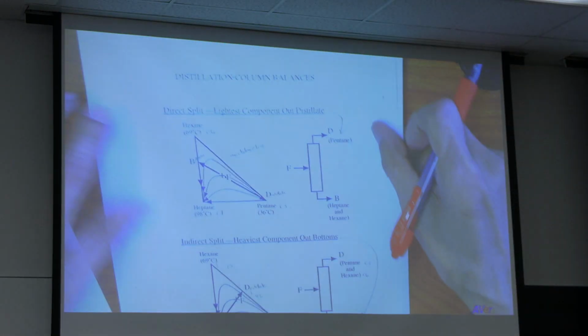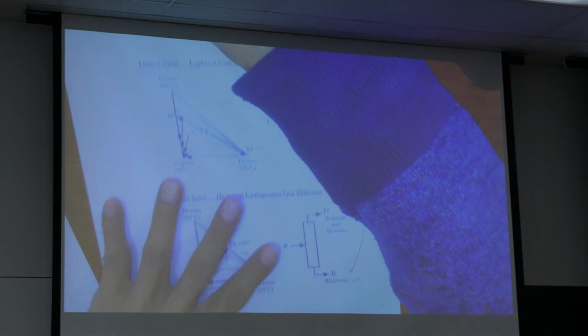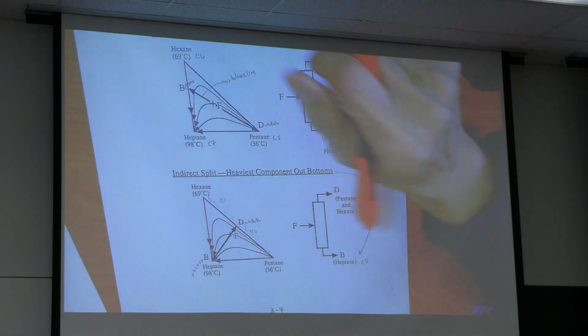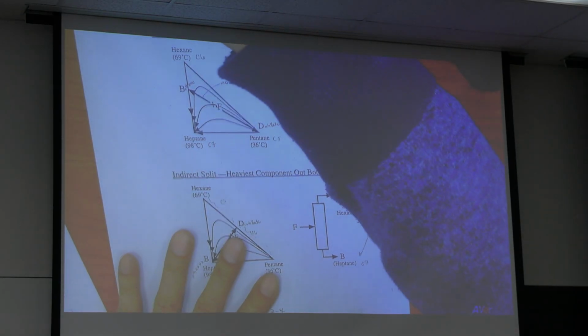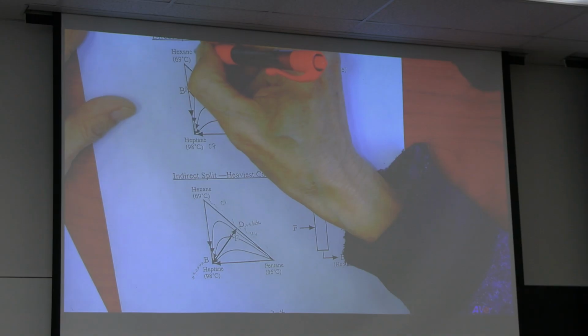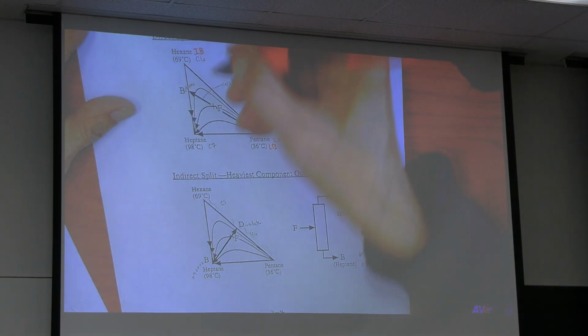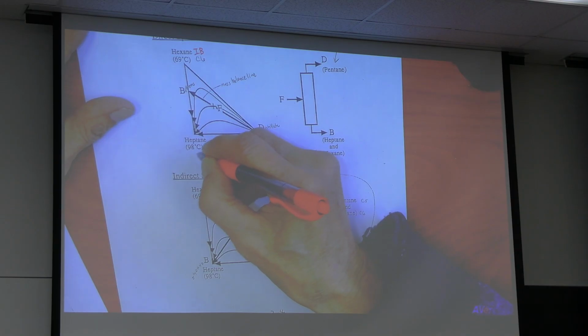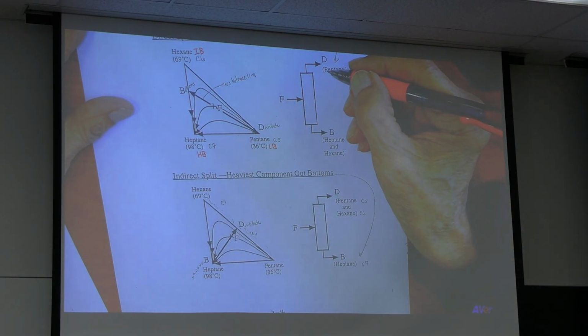Now, distillation. Carbon 5, low boiling. Carbon 6, intermediate boiling. Carbon 7, highest boiling. No azeotrope.